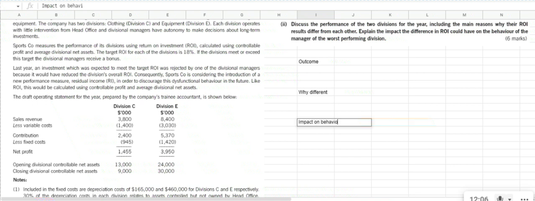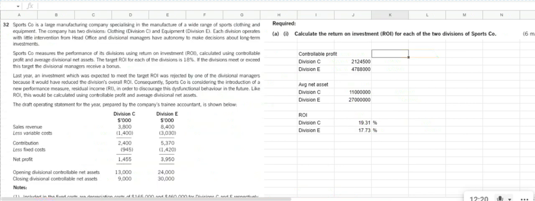When they're talking about discuss, there are many ways in which you can discuss this, but it's better to know how you're going to discuss it, so that way we know what we need to find out. So outcome is what? Outcome is the fact that division E has less and division C has more.